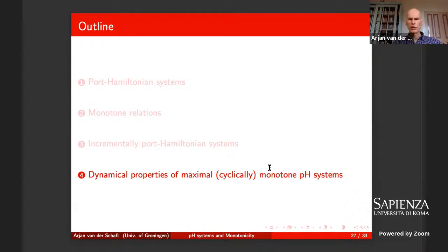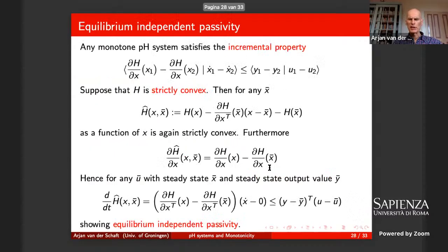Well, we'll take more time for discussing now, finally, dynamical properties of these incrementally port-Hamiltonian systems. The basic dynamical property of any monotone Port-Hamiltonian system is this incremental property over here.